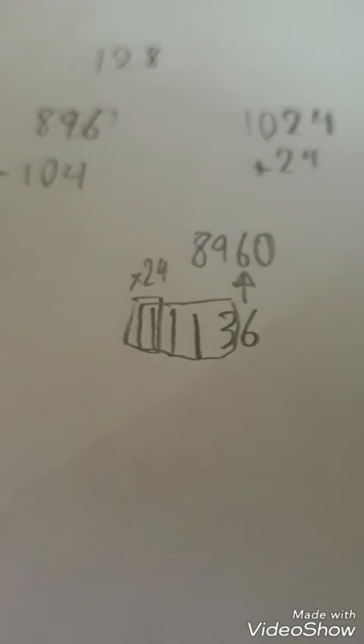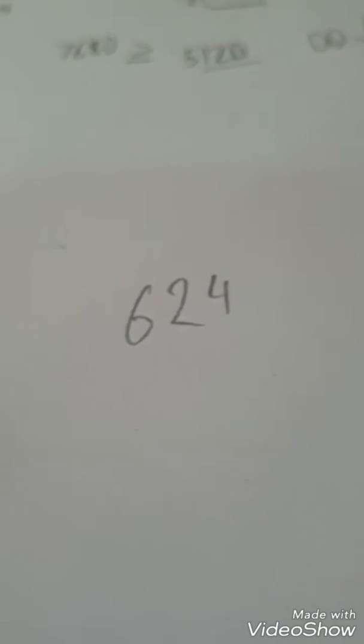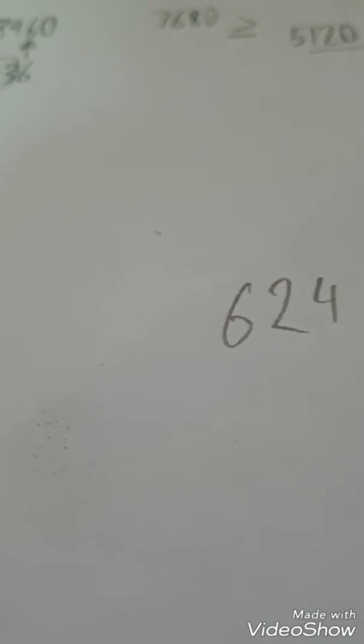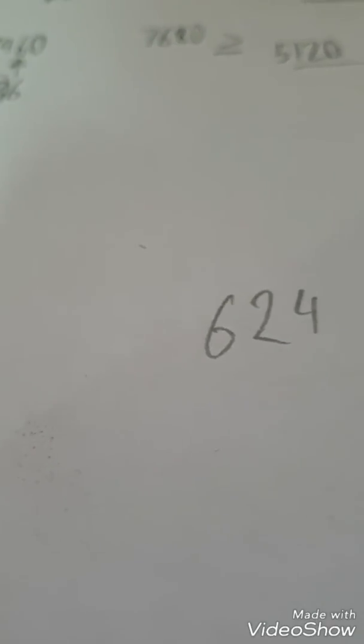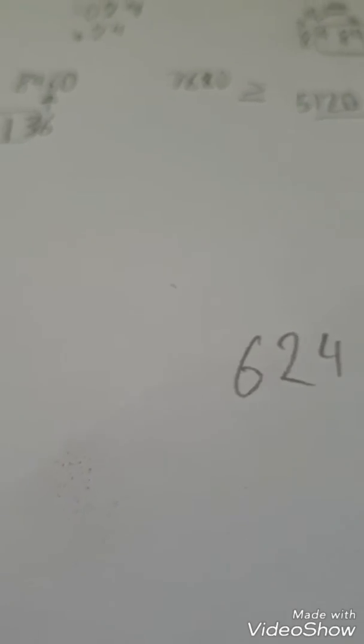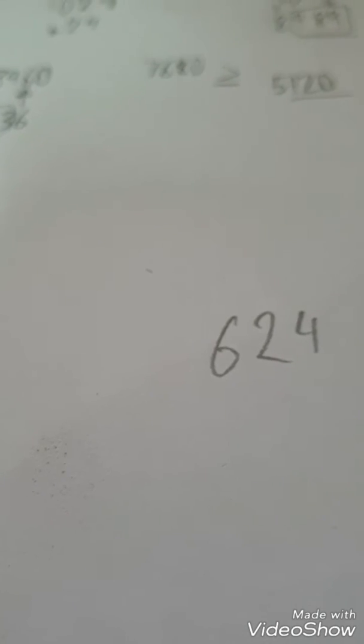Let's take a number that's more hard. For example, let's take 624. As the numbers get higher, the divisibility will be harder because the numbers will get high and the minus and the multiplication will all be hard.